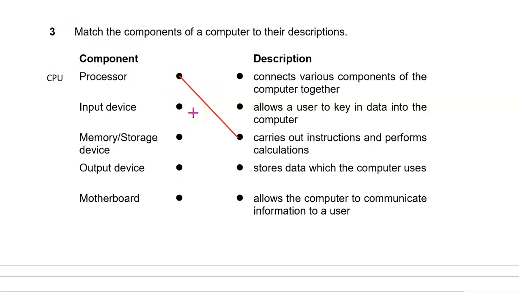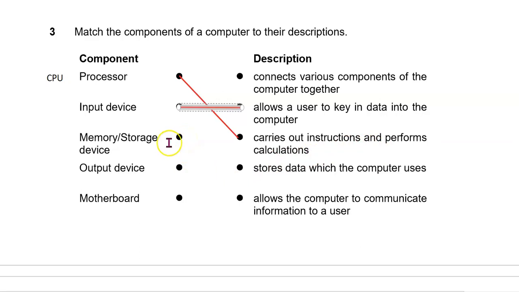Next, an input device allows us as the user to talk to the computer. So the best answer would be: allows a user to key data into the computer, maybe using a mouse or using a keyboard. Right now I'm using a mouse, so I'm inserting data into the computer for you to see.